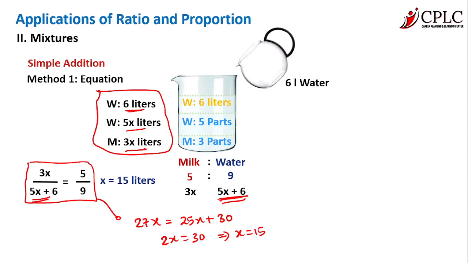If we combine them, because we need the solution, it becomes 8x originally. And x we know already is 15. So obviously 8x becomes 120 liters. So the answer of this question is 120 liters was present in the vessel originally.